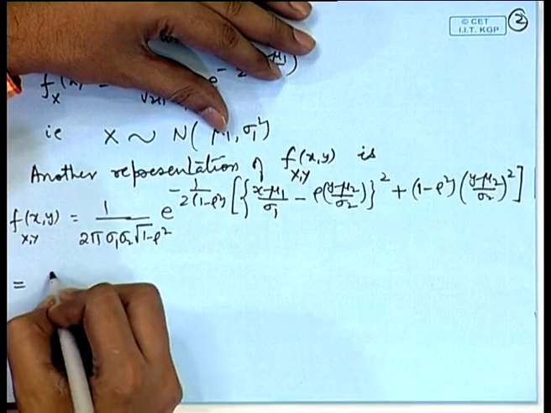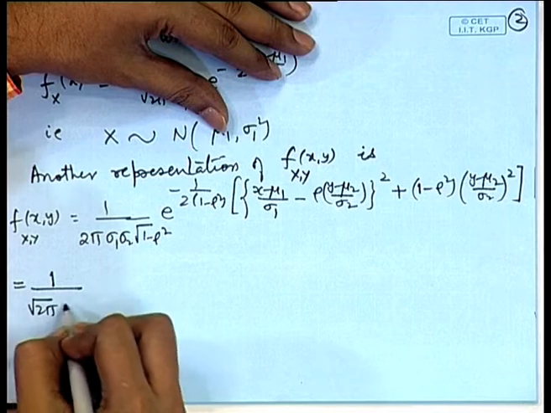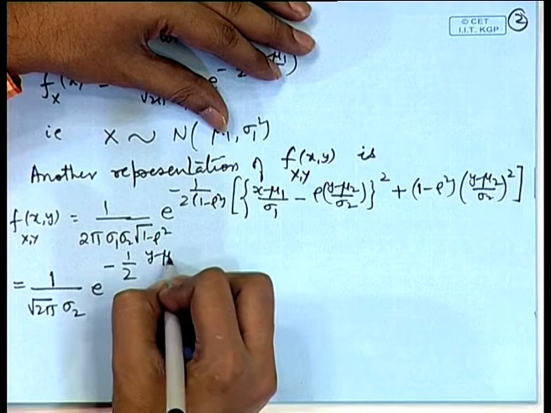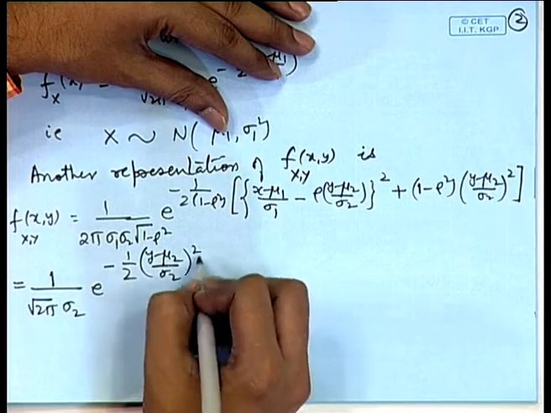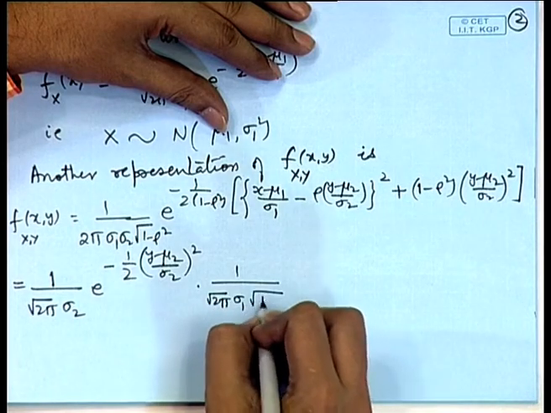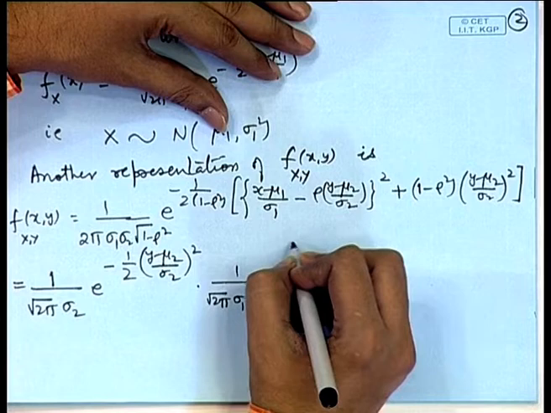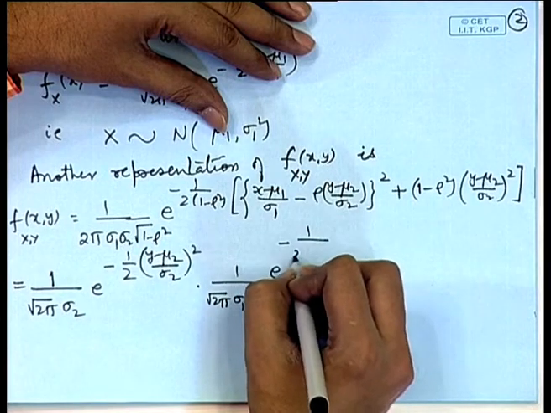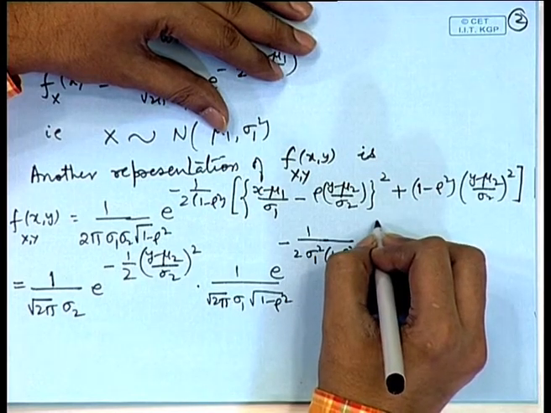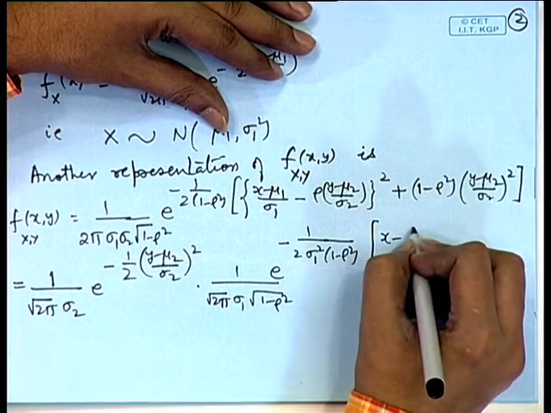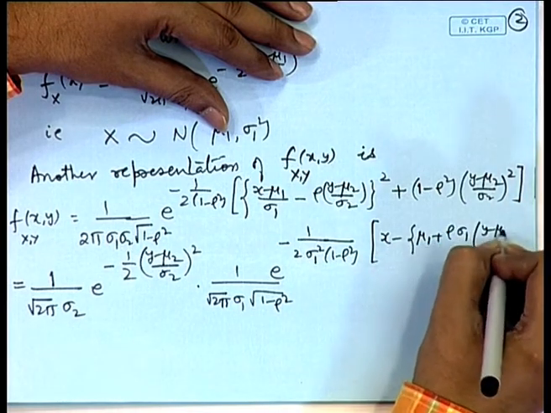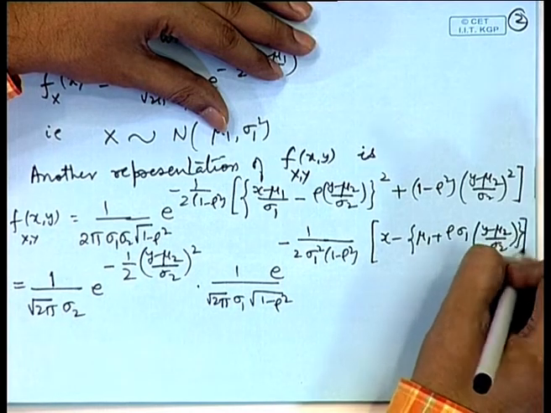So, we can write it as 1 by root 2 pi sigma 2 e to the power minus 1 by 2 (y minus mu 2 by sigma 2) whole square, times 1 by root 2 pi sigma 1 root 1 minus rho square e to the power minus 1 by 2 sigma 1 square (1 minus rho square), and (x minus mu 1 plus rho sigma 1 (y minus mu 2) by sigma 2) whole square.